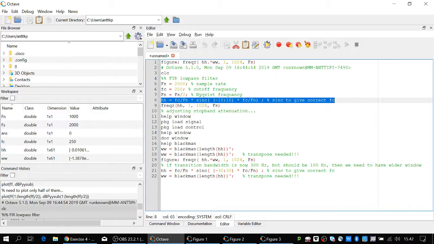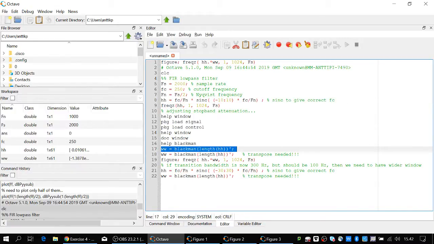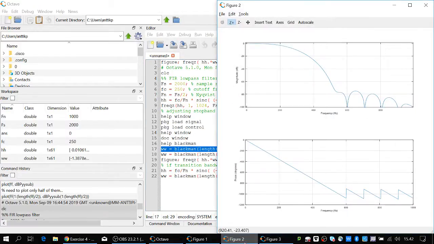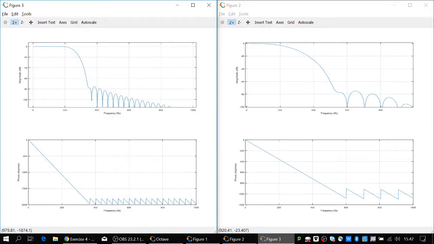Then we added a window, for example a Blackman window, and based on this frequency response we decided its transition bandwidth must be changed. Taking 3 times more points on that window width, you get 1/3 of the transition bandwidth.